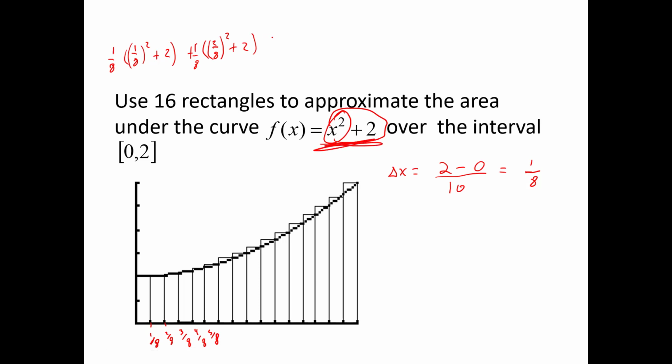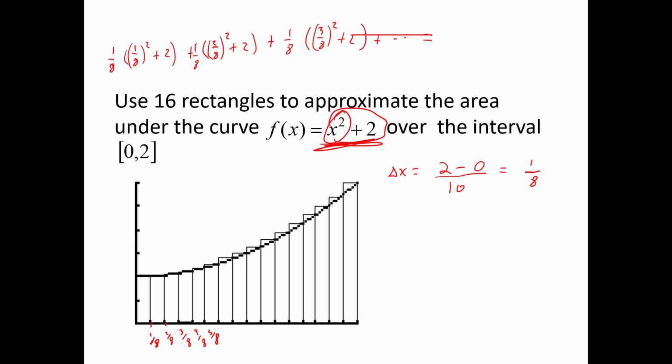Right, so the next one we go plus 1/8. And then you're now going to have 3/8 that gets squared plus 2. And so on. All the way until we get to the 16th one, right?